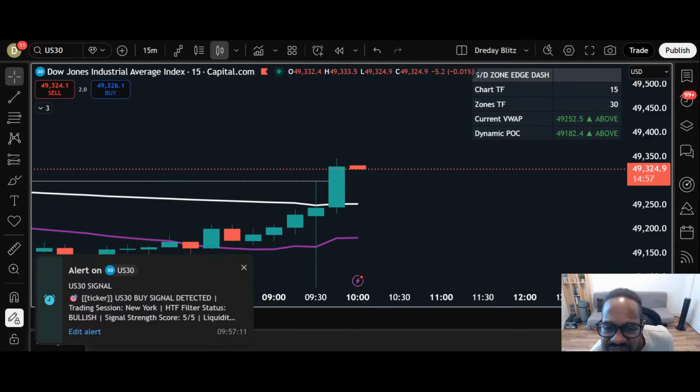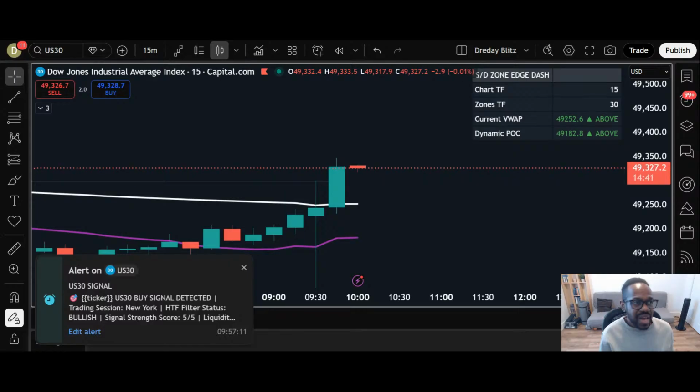All right, so it's 10 o'clock right now. We should get a continuation here to the upside. It may start to retrace to the downside, but we should be pushing here.